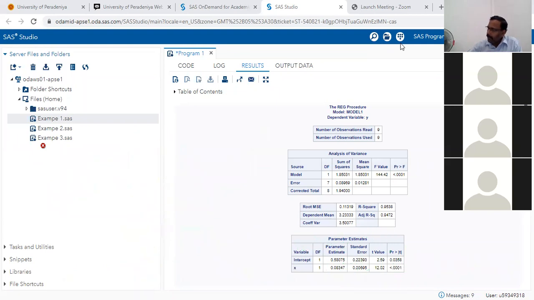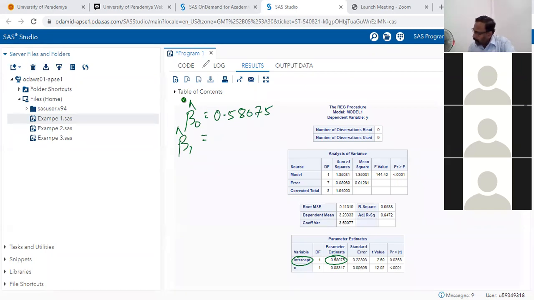Now, we have concluded that first thing. Can you remember, we want to estimate beta naught and beta 1. What are our beta naught hat and beta 1 hat? We can identify them from here. The intercept is 0.58075.